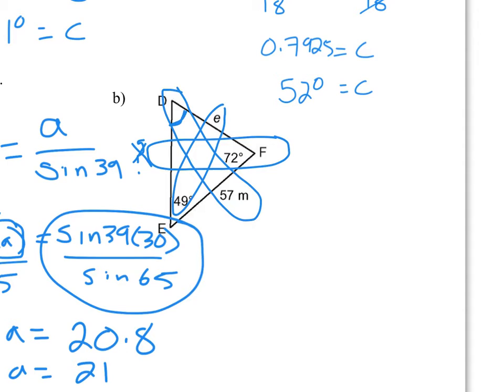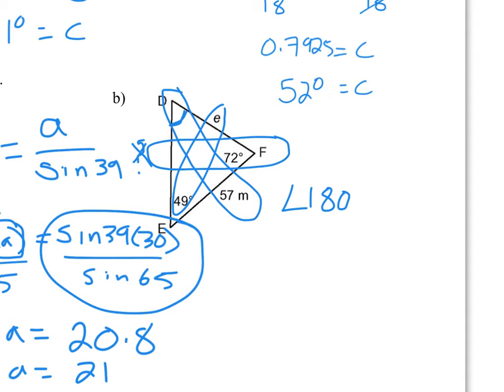So why is it giving me that angle of 72? Because it's trying to make you do one extra step, which is that all interior angles of a triangle are 180 degrees. So we can see here, you've used up 49, you've used up 72. So how do I solve for this missing angle? You just subtract.